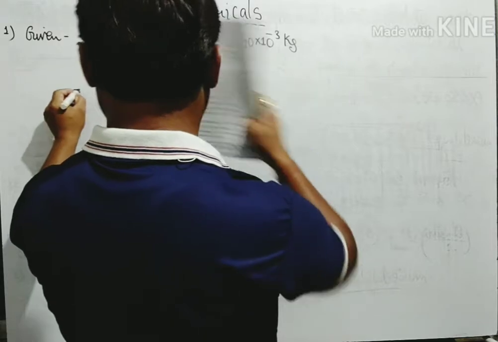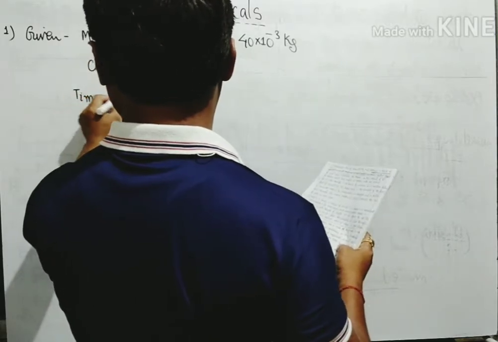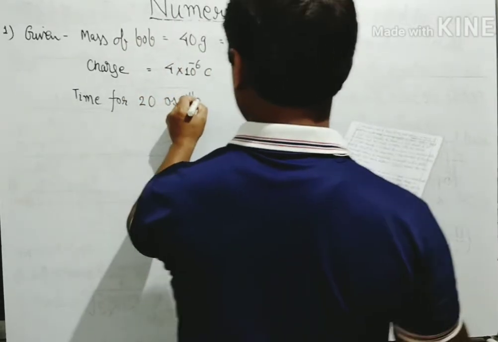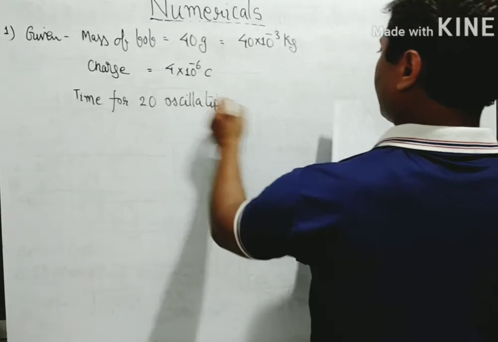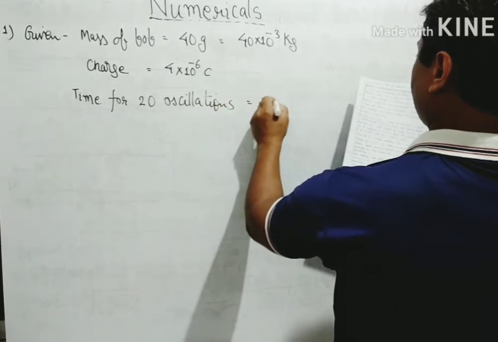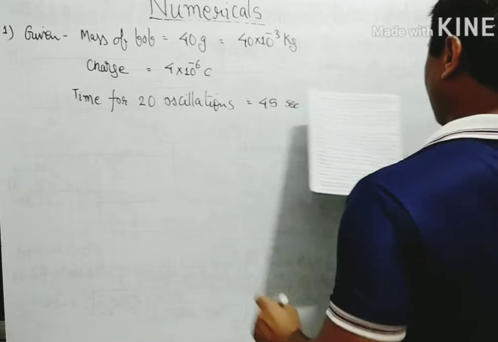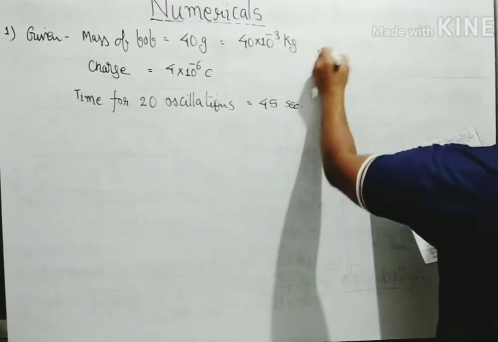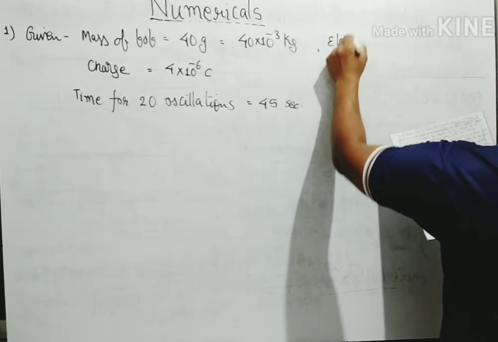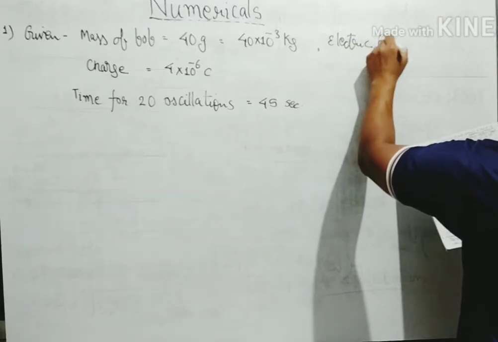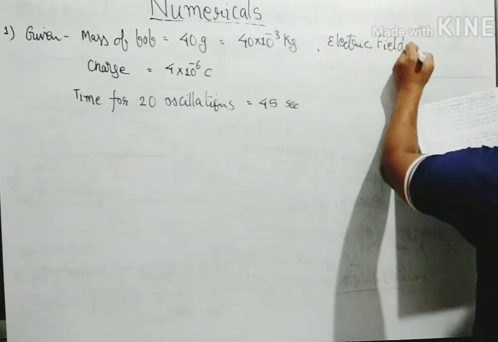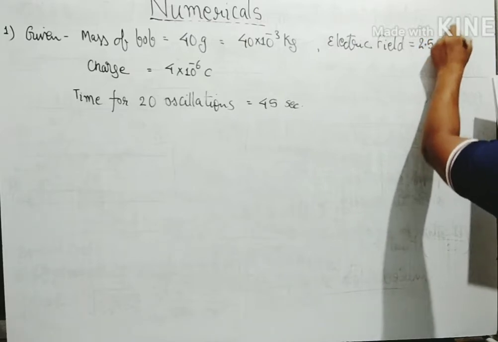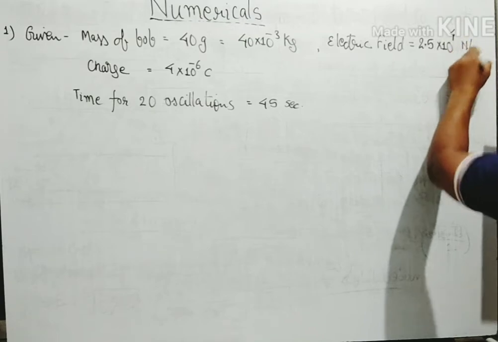Time for 20 oscillations is 45 seconds. The vertically acting electric field is 2.5 into 10 power 4 Newton per coulomb.